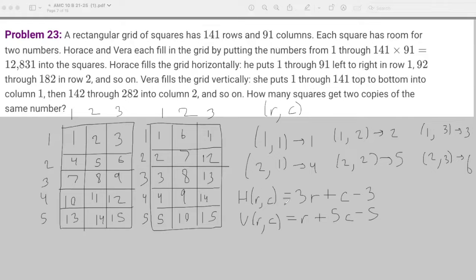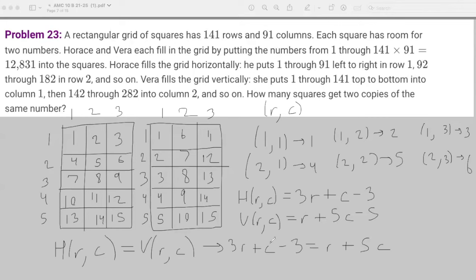So now, once we have these two formulas for the entries in terms of R comma C, we can just set them equal to each other, right? So we get H of R comma C is equal to V of R comma C. And that's going to give us 2R is equal to 4C. Well, actually, let me write out the full formula and show how the simplification works.